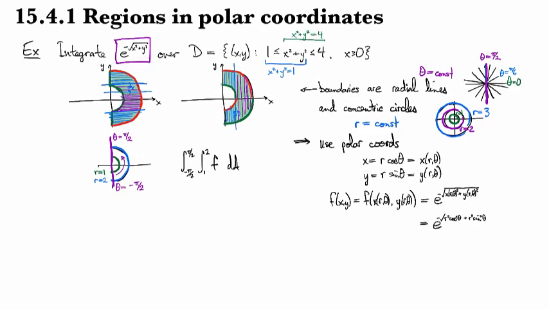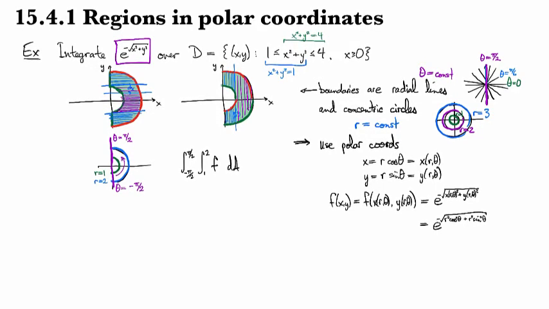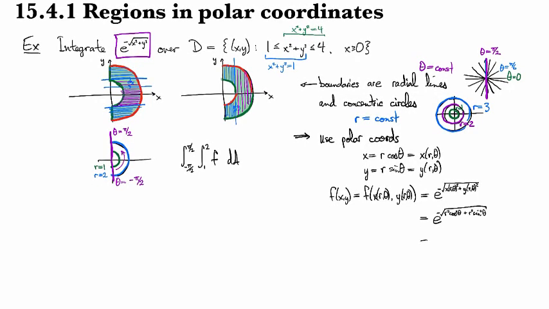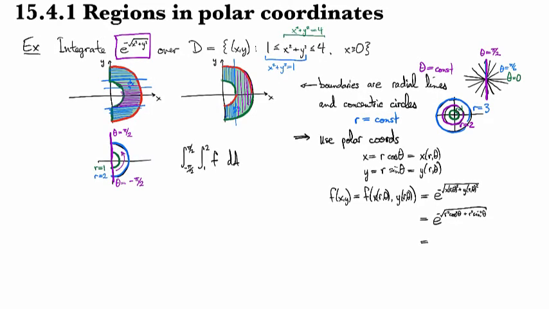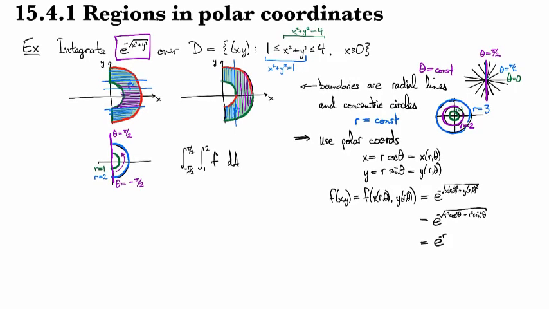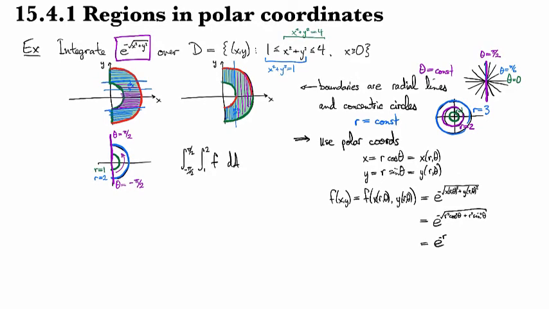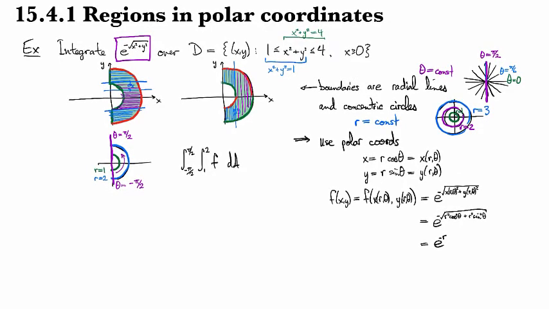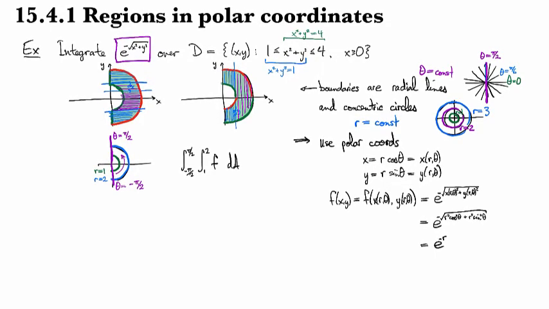And if you factor the r squared out and you use the identity cosine squared plus sine squared equals 1, we get e to the minus r. Wow, what an improvement. So that's like another hint that this is a much better problem to set up in terms of polar coordinates.